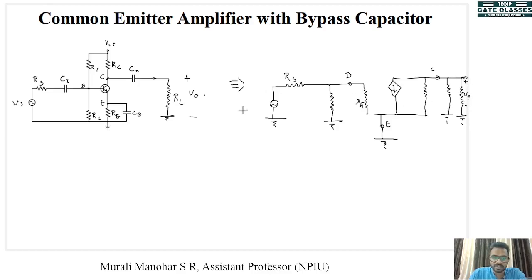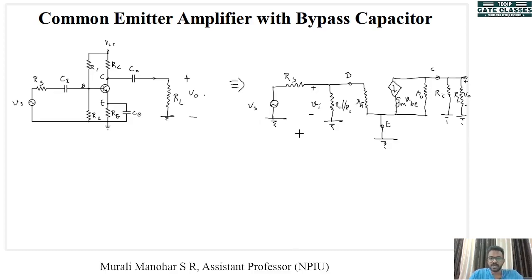Now this is RS, this is VS, this is R1 parallel R2, this is RO, RC and RL. Now here we have our Vin, Vi, and this voltage controlled current source gm VBE. So now the equivalent circuit of this entire diagram is this one.